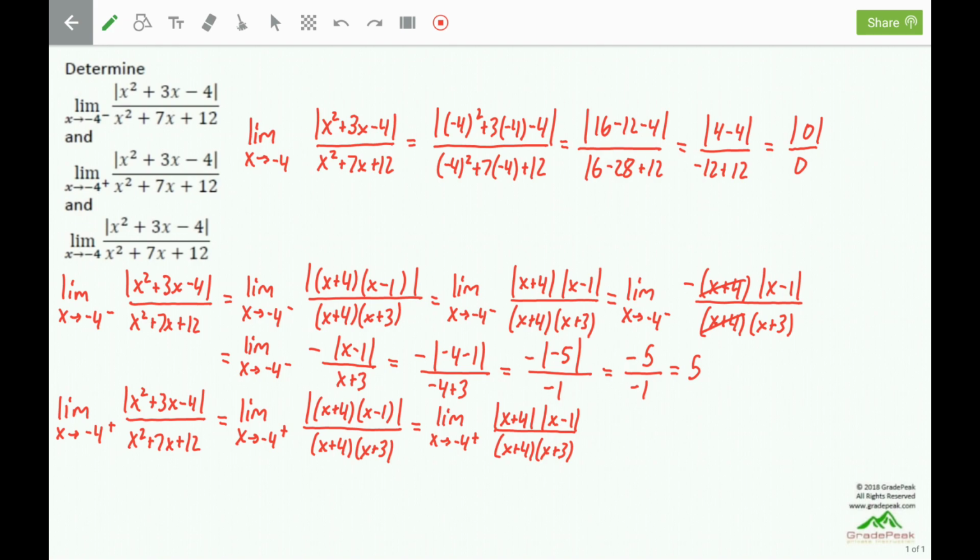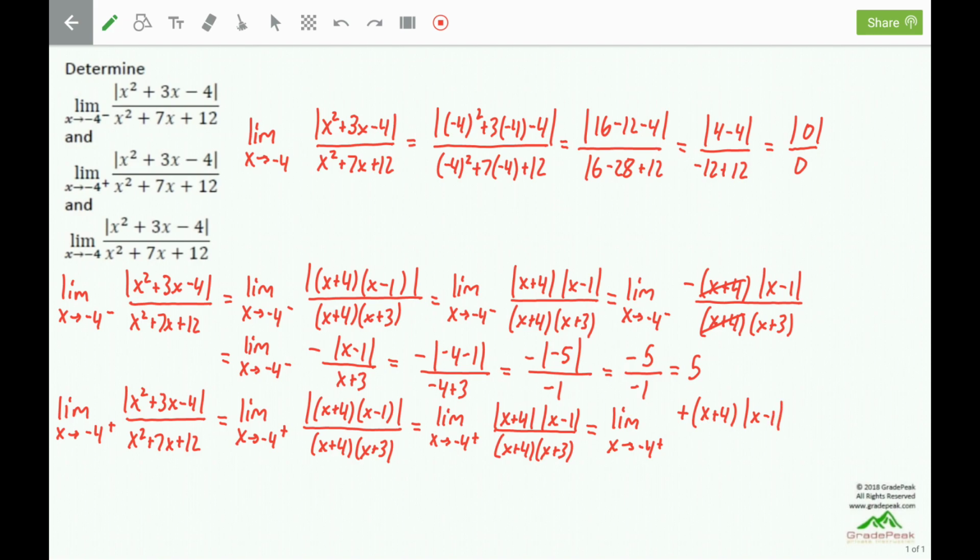Now in this case, we are on the right side of negative 4 on the number line, which is less negative than negative 4, like negative 3.99. If you add something less negative than negative 4 to a 4, like negative 3.99 plus 4, you end up with a positive number. Now the absolute value ensures that what comes out of there will be positive. If what you put in is positive, the absolute value will not change it. And that means there will be a positive out in front of it to not change the sign on it.